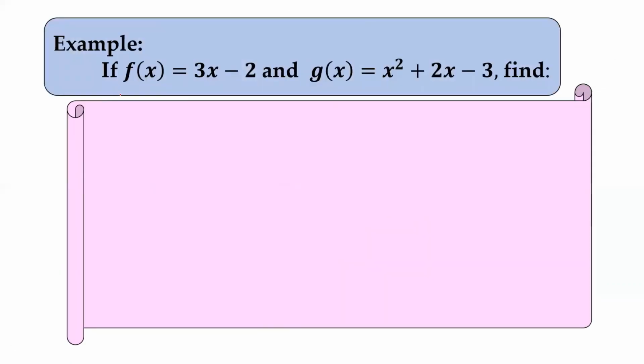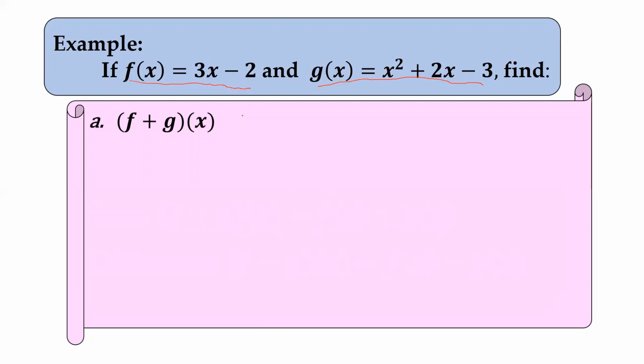First, we are given two functions. f of x is equal to 3x minus 2, and another function, g of x is equal to x squared plus 2x minus 3. Find f plus g of x.